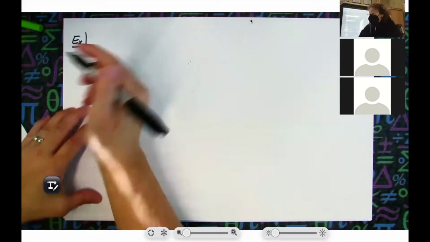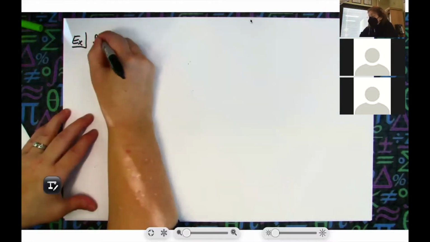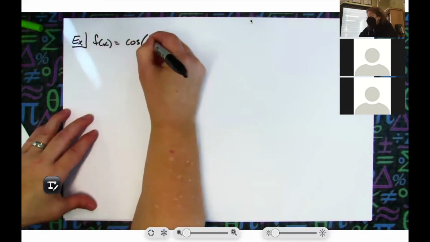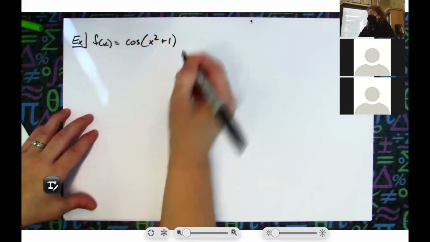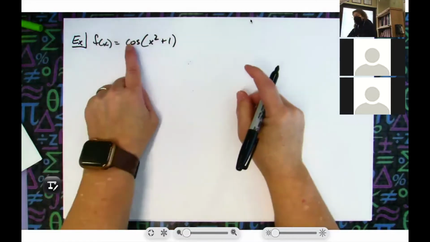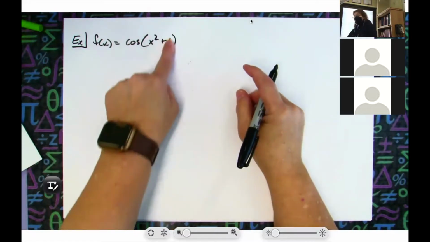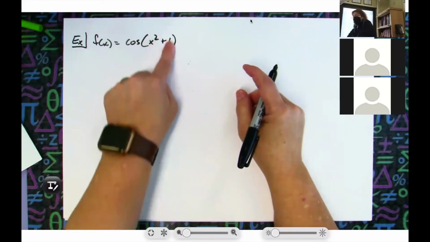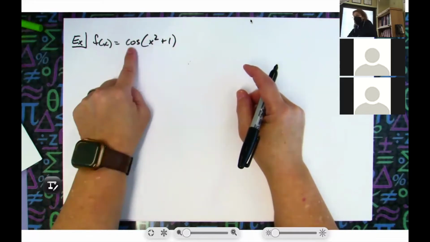So you've got to be able to keep track of how many chains you're going to do. All right, so let's say we've got f of x equals cosine of x squared plus 1. You can think of this as cosine of u, where this whole thing is u, in other words, a function of x. Okay, so this is the inside, cosine is the outside.